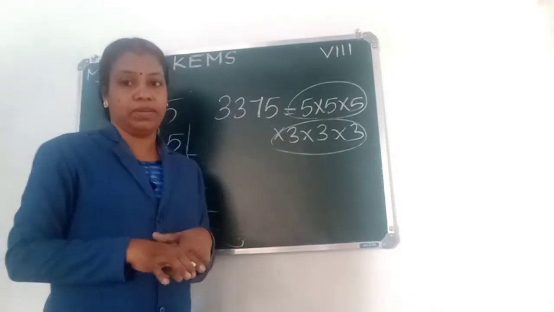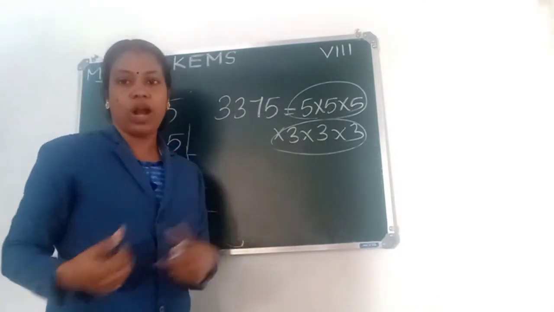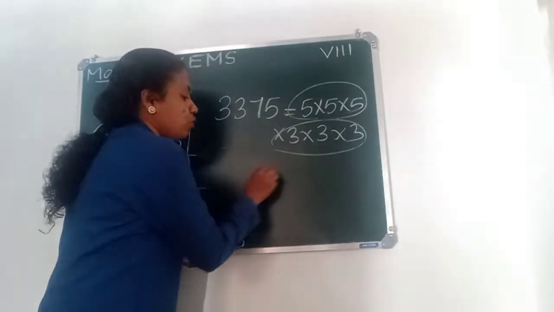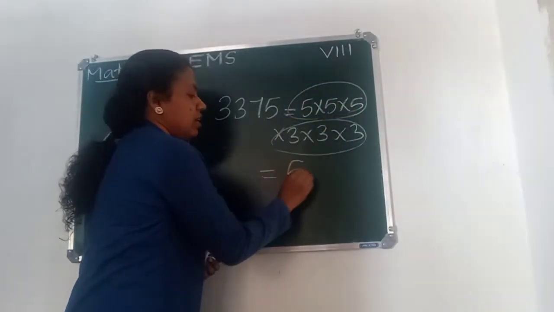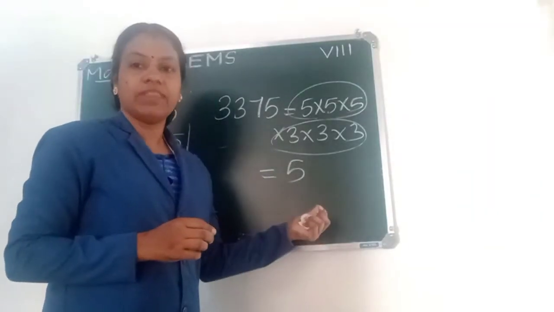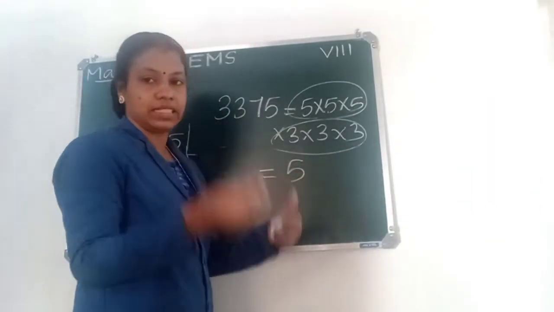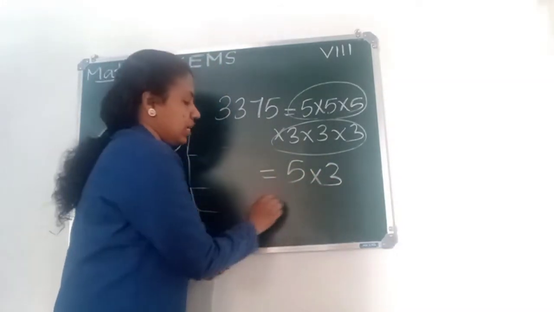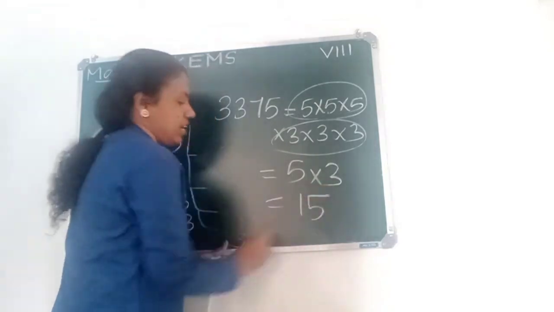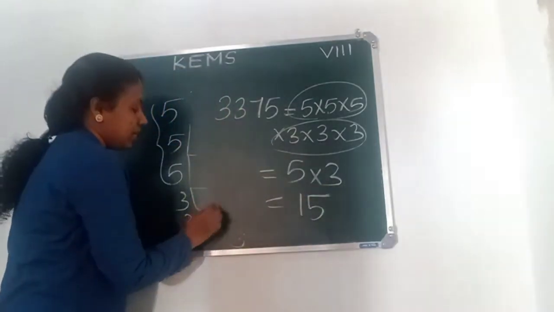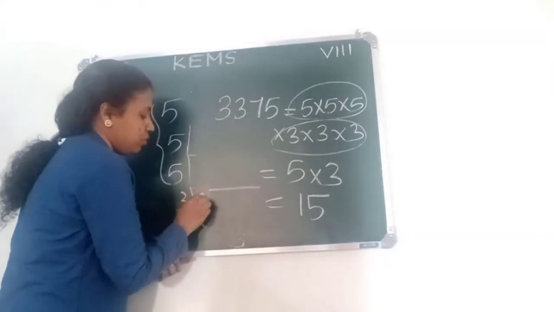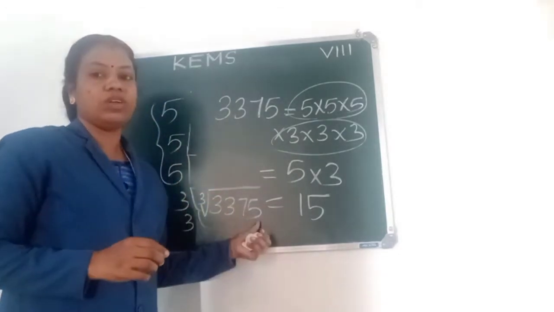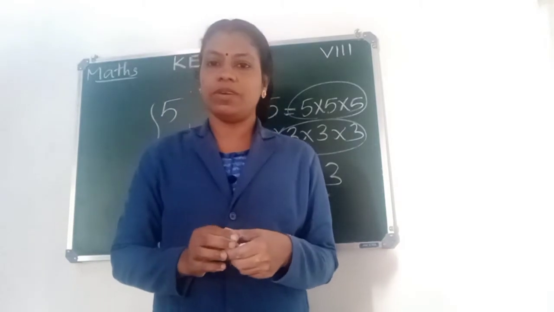From each triple, take one number and multiply. That is the cube root. From the first triple we take 5, and from the second triple take 3. That is 5 into 3 equal to 15, which is the cube root of the number 3375.